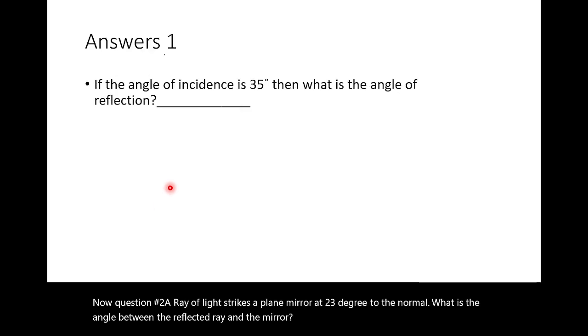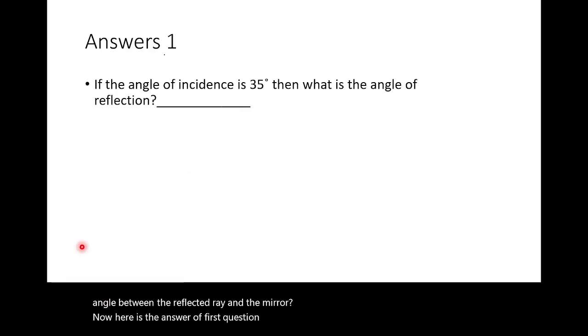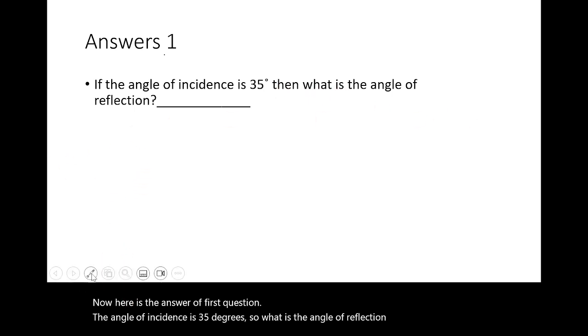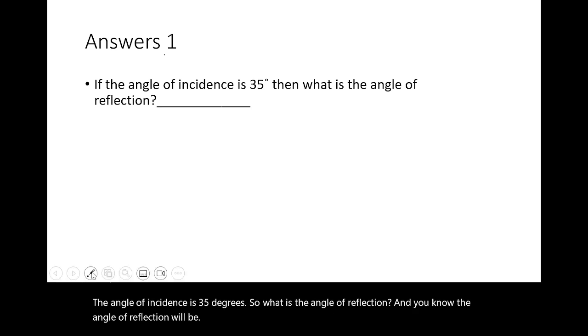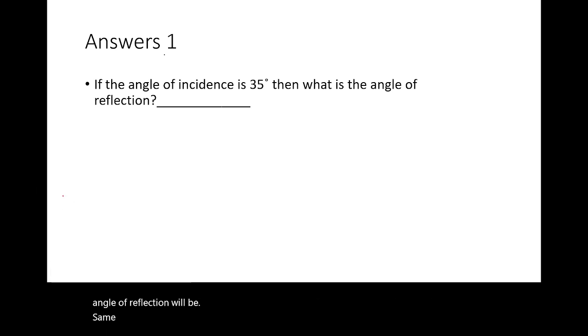Now here is the answer to the first question. The angle of incidence is 35 degrees. So what is the angle of reflection? You know the angle of reflection will be the same as the angle of incidence.